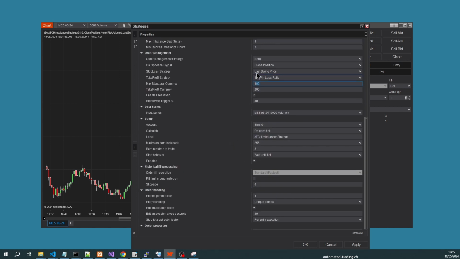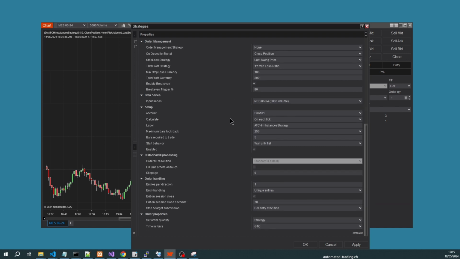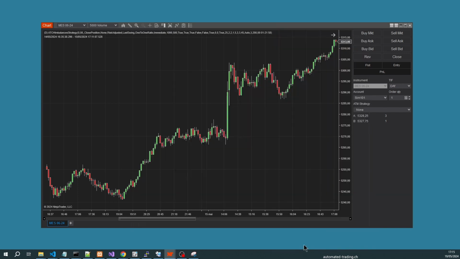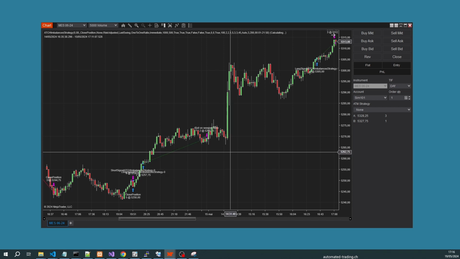And of course, if the last swing is very close to the entry price, then the number of contracts will be very high, and this max quantity will limit the maximum number of contracts to 5. So we cannot have a position that has more than 5 contracts. This is good for protecting against a very high number of contracts if the stop loss is very close to the entry price, because we don't control what the entry price is.